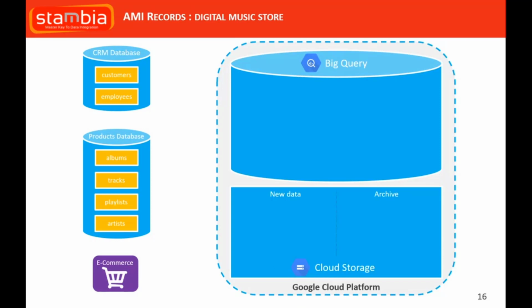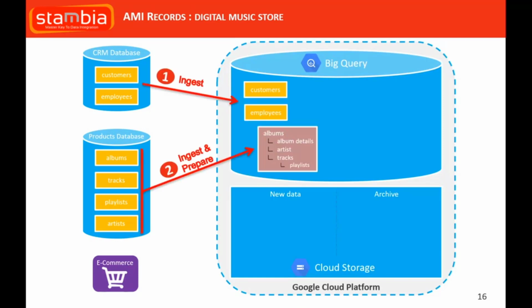So pretty much the end-to-end picture looks like this. We ingest the data from the CRM database. We bring all the album details. As you can see, in an album there are hierarchies. In an album, you have those details, artists, and then tracks, and tracks could be under different playlists. So it's hierarchical data.